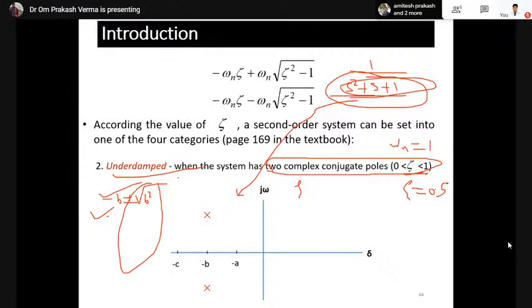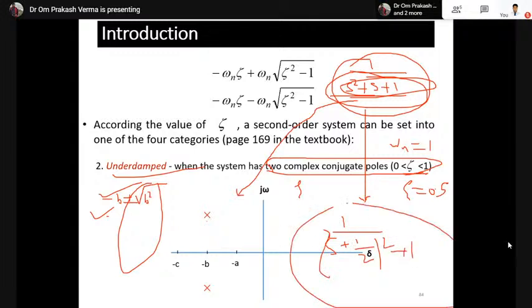So this is the case for the underdamped system. Why am I saying underdamped? Take the Laplace inverse of this case. When you solve this using partial fractions and do some manipulation of this equation, you can find the exact values with the mathematics.